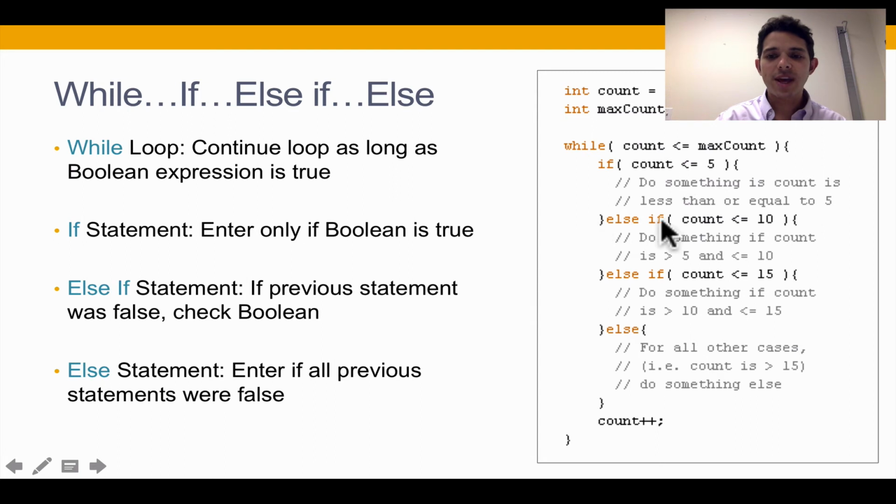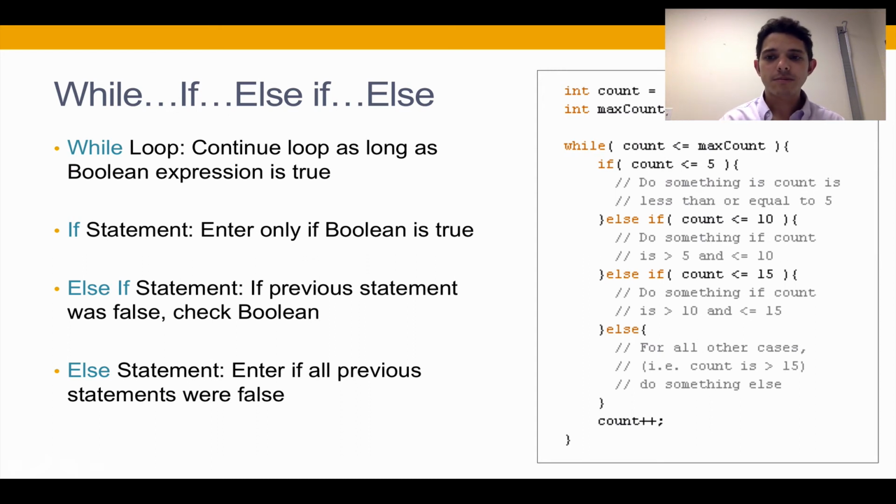Else if, the way that works is if the statement with an if is not true, then it'll then look at the conditional with an else if. And if that one is true, then it will execute what's inside these curly braces. So on and so forth. Then if none of these conditionals are true, if it gets to else, then it just will execute whatever is in the else commands.